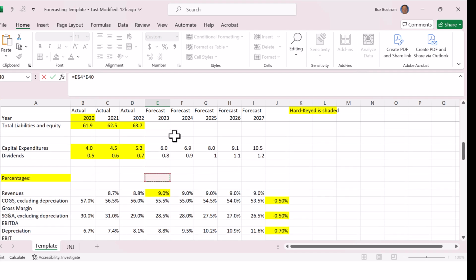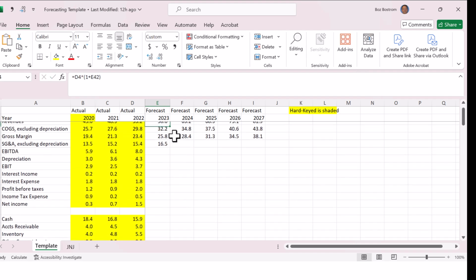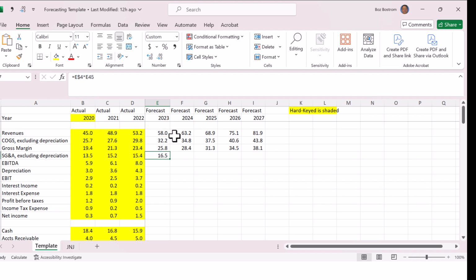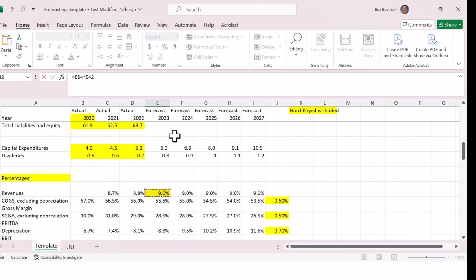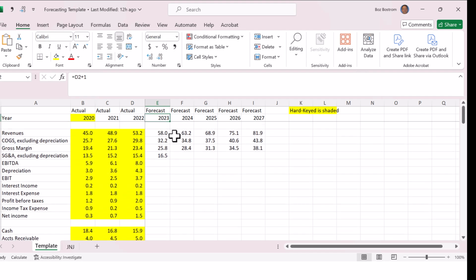Go down to my SG&A percentage. Okay, so you're like, okay, I don't know what you just did there, Boz, why that's different. The main thing that I did equals the E4 and then hit F4, not just once, because that'll lock down both the E and the 4, but twice. It'll only lock down the 4, multiplied by, go to my SG&A percentage right here.